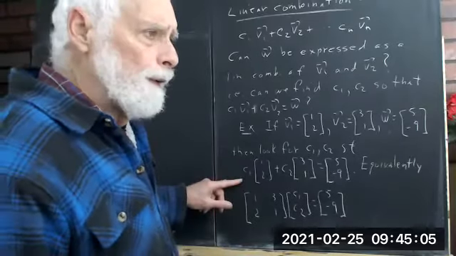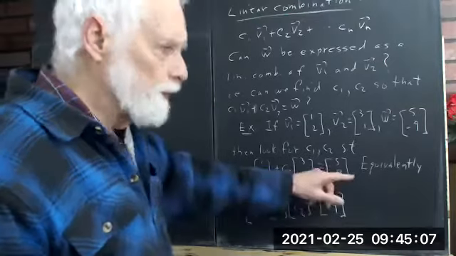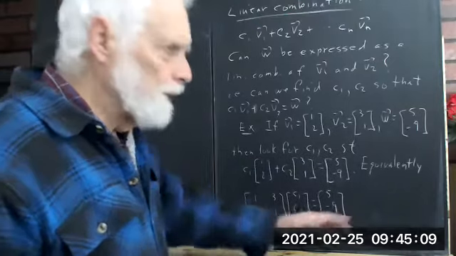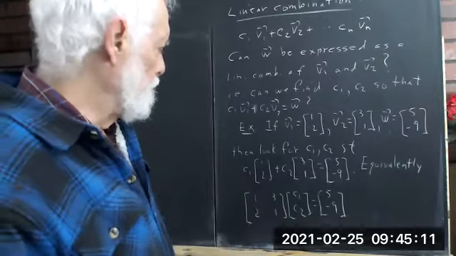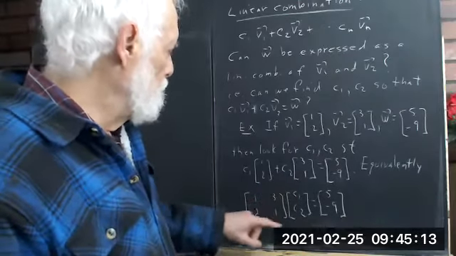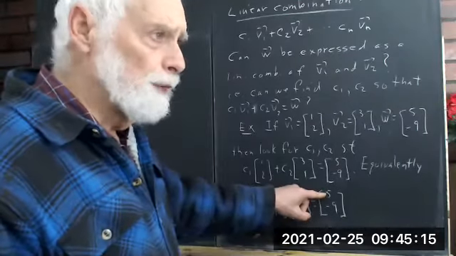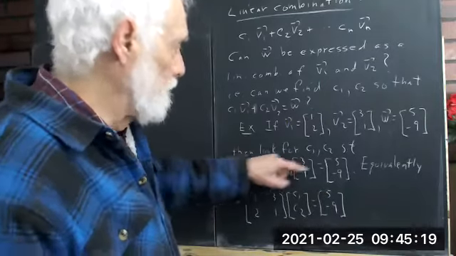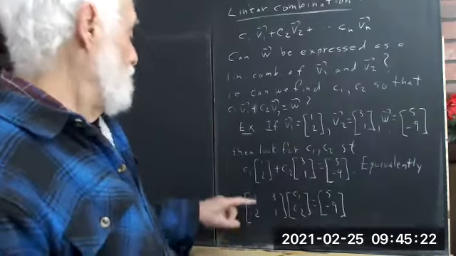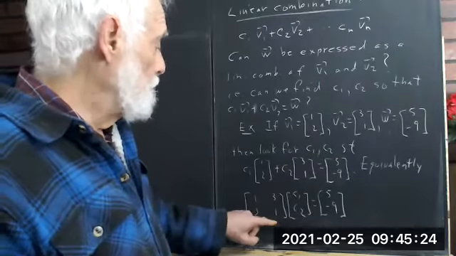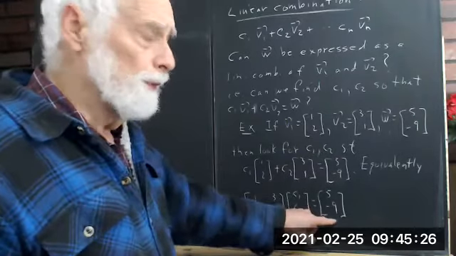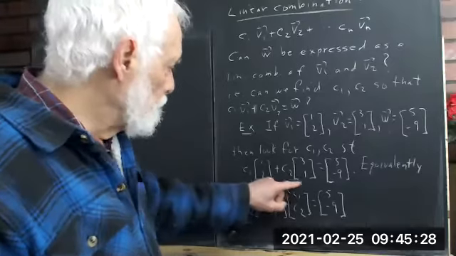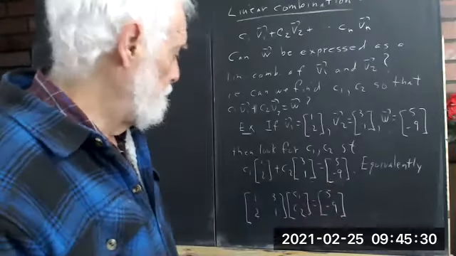Okay, so this is equivalent to a system of equations. And this is equivalent to the same system of equations because this says 1 times C1 plus 3 times C2 equals 5, which is the same thing. This says 2 times C1 plus 1 times C2 equals -9.